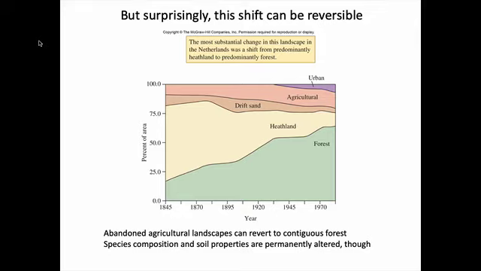And there are tax incentives for landowners to set aside some of their land to do those things. So it's not like humans break everything on the landscape. We can actually reverse detrimental effects that we might have on landscapes.